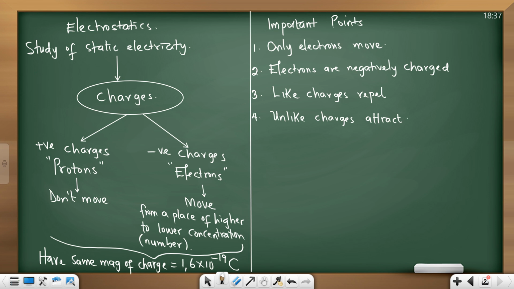I don't want to leave any stone unturned, no matter how small the information may be. Only electrons move. Electrons are negatively charged. Like charges would repel. Unlike charges will attract. All of this from grade 10.